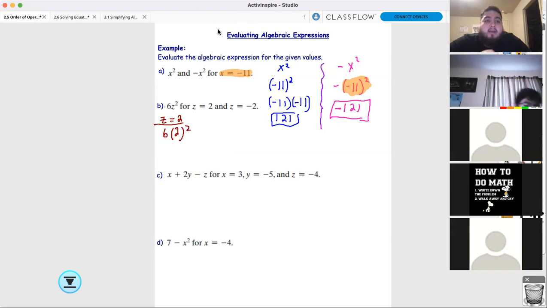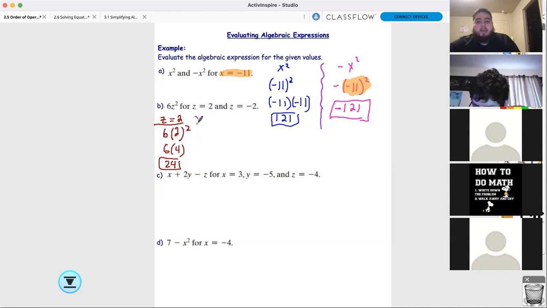What concept allows us to say 2 squared first for sure? What lesson are we finishing today? 2.5 what? The order of operations. That is correct. Because of order of operations, 2 squared has to be done first. So 2 squared is 2 times 2, which is just 4. 6 times 4 is 24, and we're done.